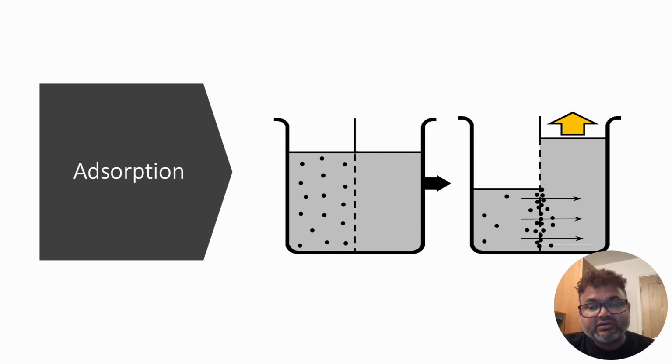Some of the selective filters use a mechanism called adsorption, a phenomenon in which molecules get attached to the surface of the membrane. Many times it is used for the treatment of fat soluble drugs, and we use charcoal filters, sometimes cytokine filters, and endotoxin filters.